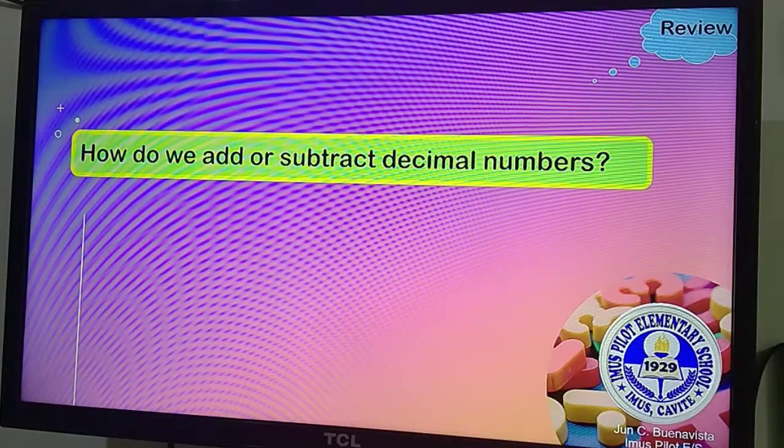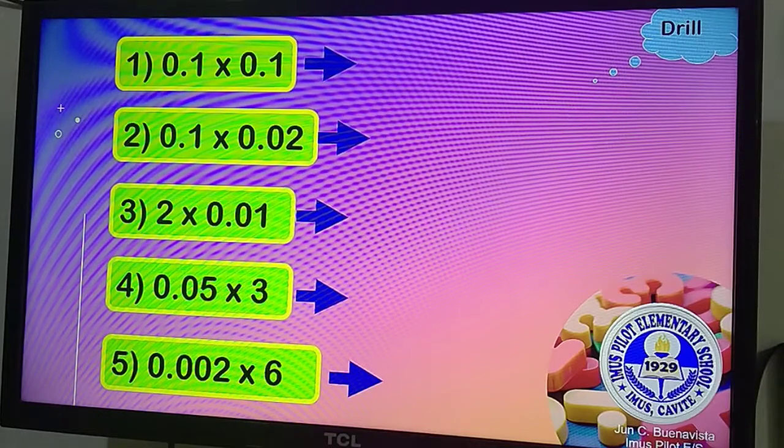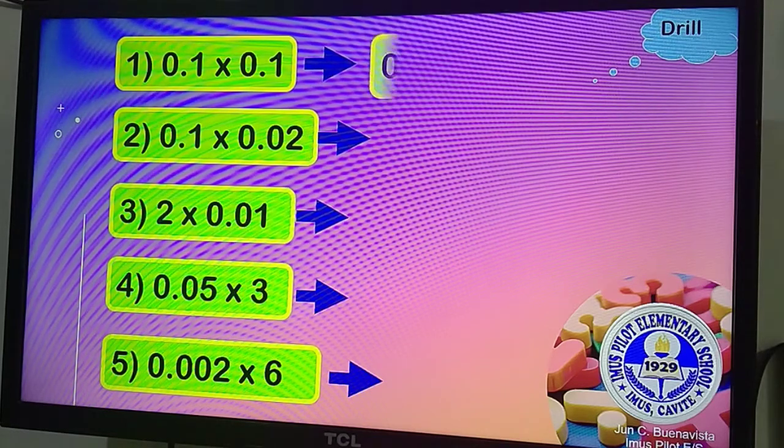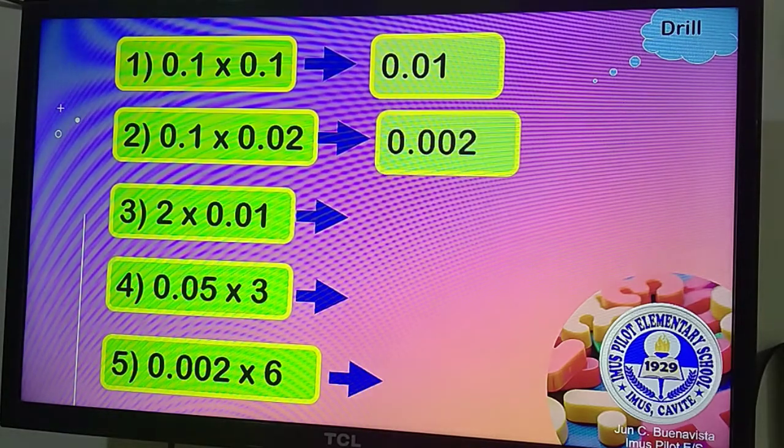Now, let's have this practice. We are going to find the product. Number 1: 0.1 times 0.1 equals 0.01. Observe the product. Number 2: 0.1 times 0.02 equals 0.002.